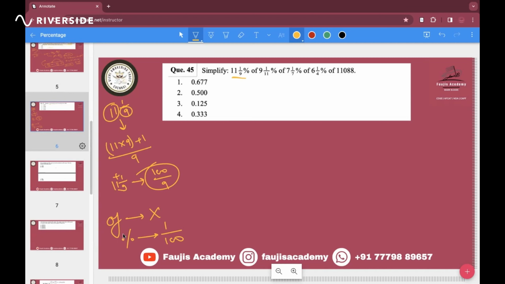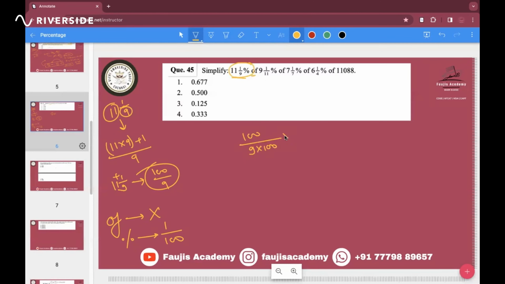Quick guys, quick. So if we solve this one, 11 into 9, 99 plus 1, 100 by 9. 100 by 9 percentage means let's write it in the denominator.